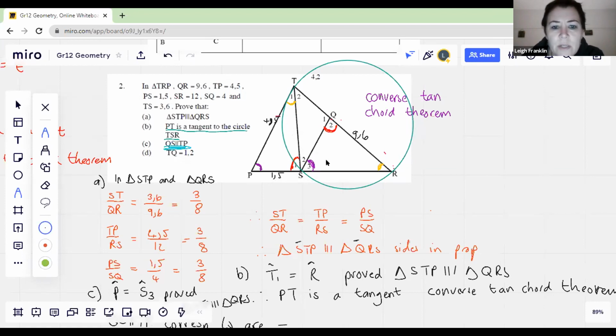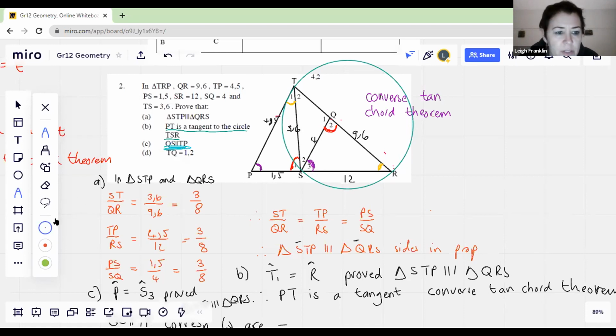SR is 12. SQ is 4. And TS is 3,6. So now they want us to prove that TQ is 1,2.